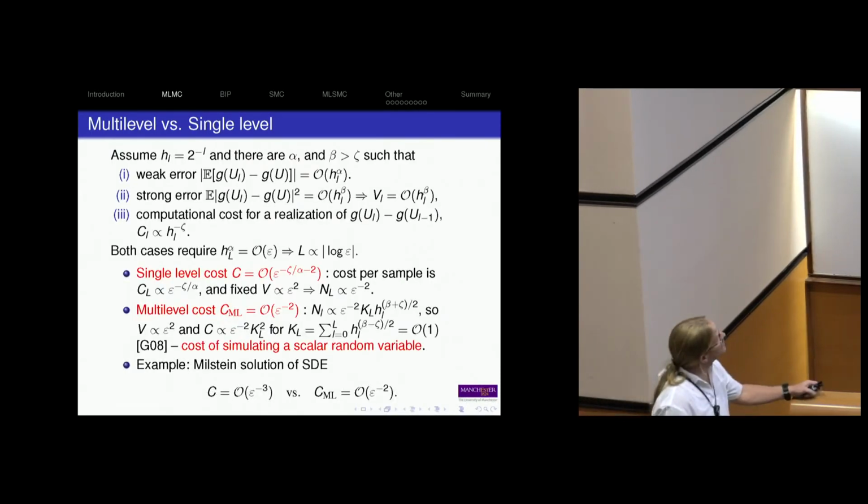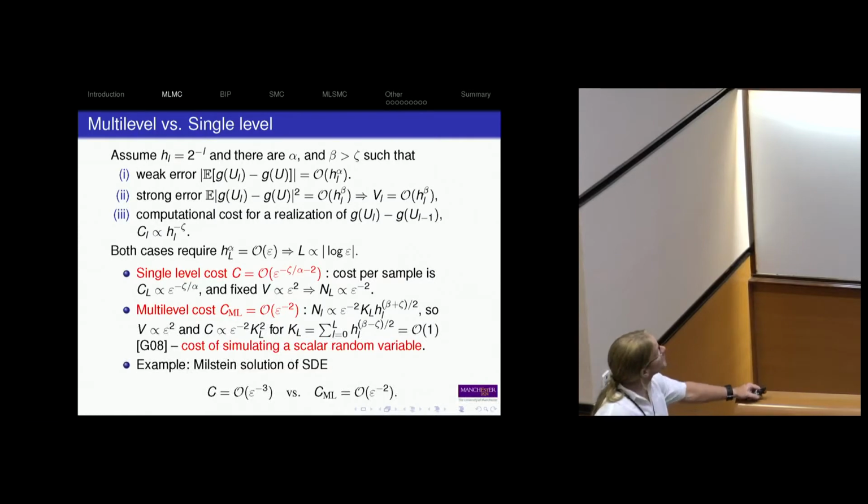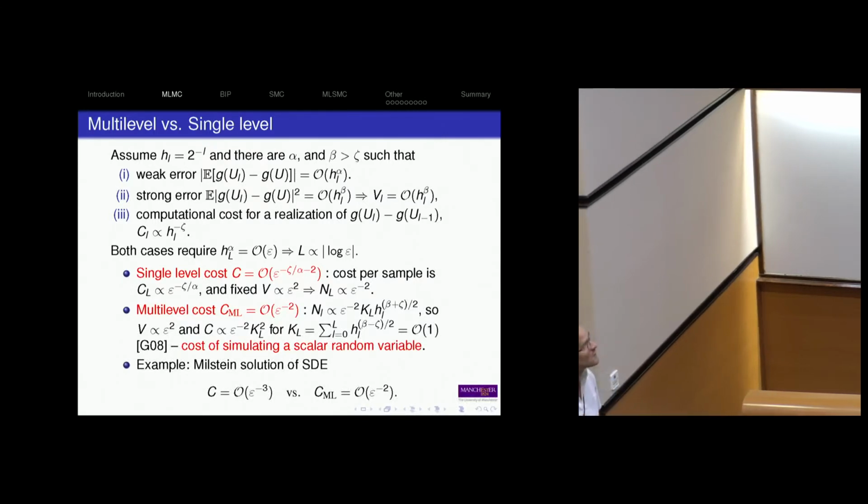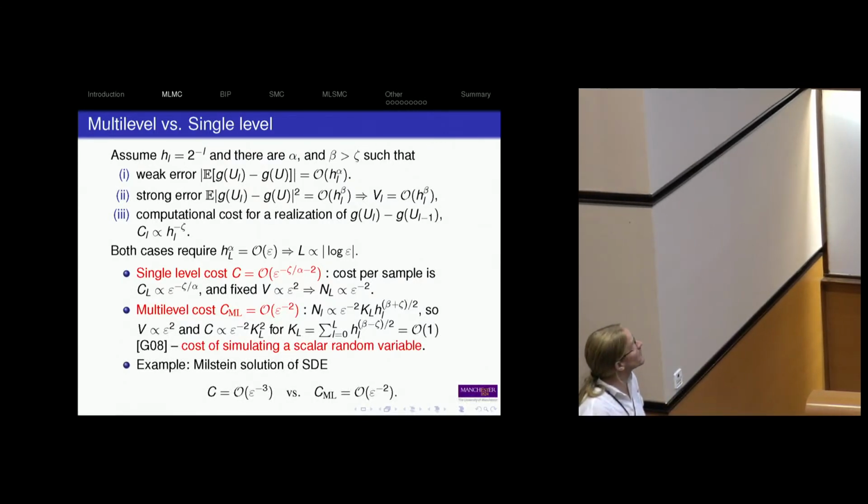All right, so now what does that mean in terms of complexity? Here we look at the cost of multilevel versus single level. So we'll introduce some assumptions about rates. For simplicity, let h_L be 2 to the minus L and assume that we have some α and β bigger than ζ, so that we have a weak error of rate h_L to the α.